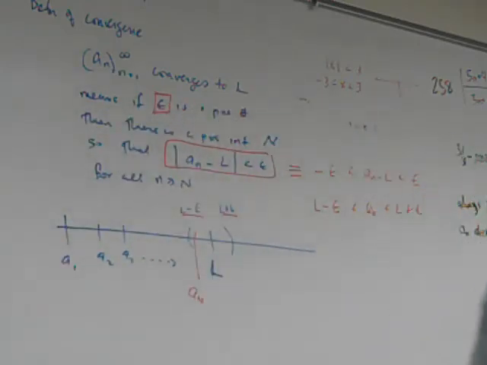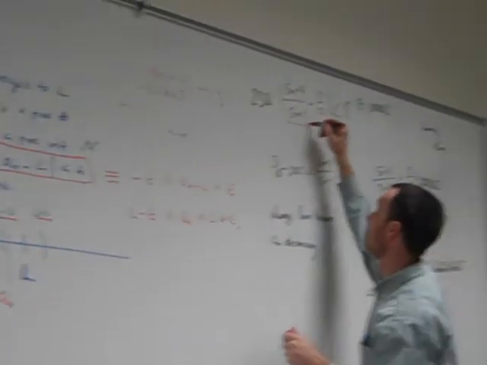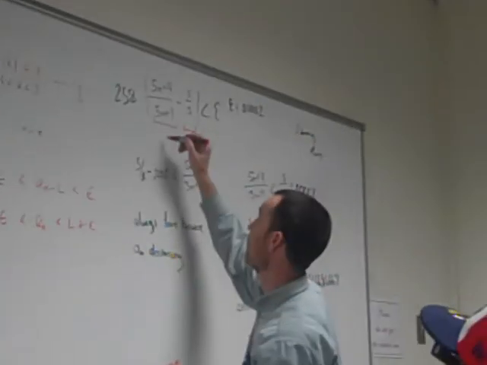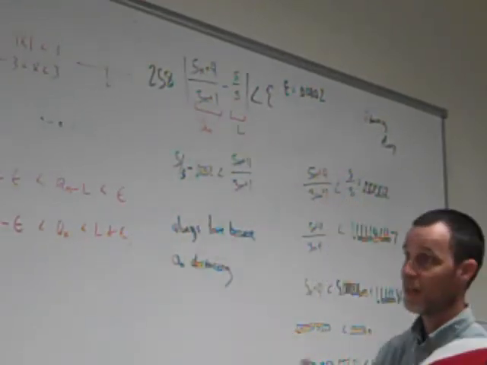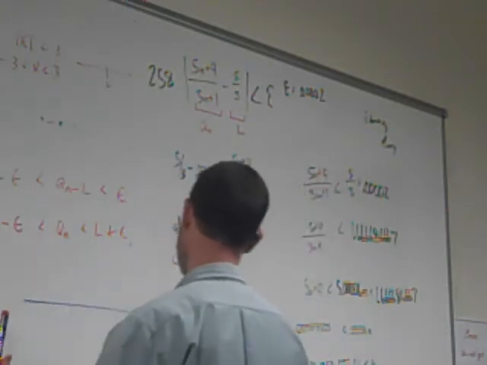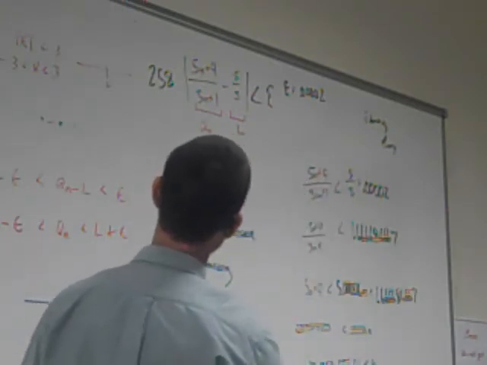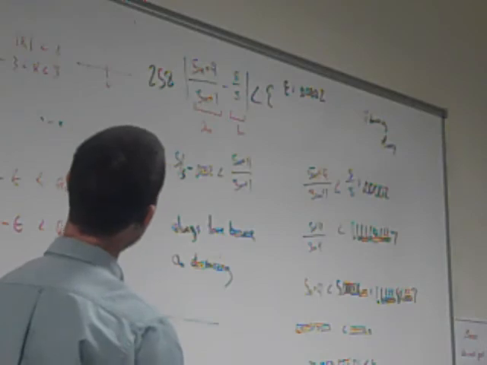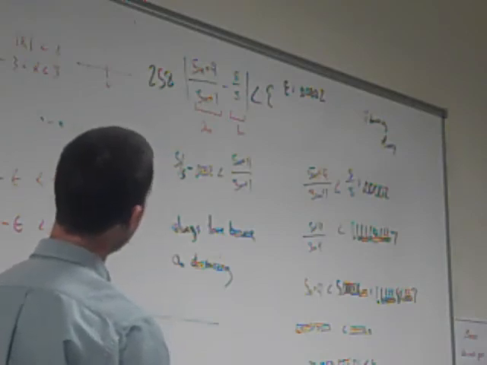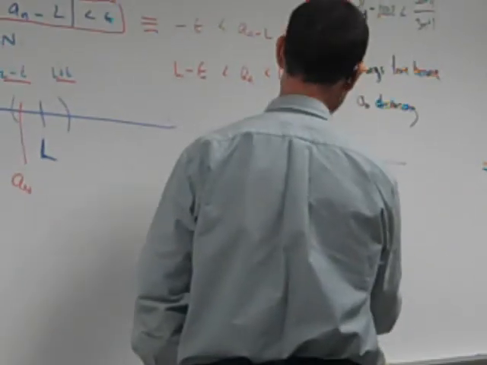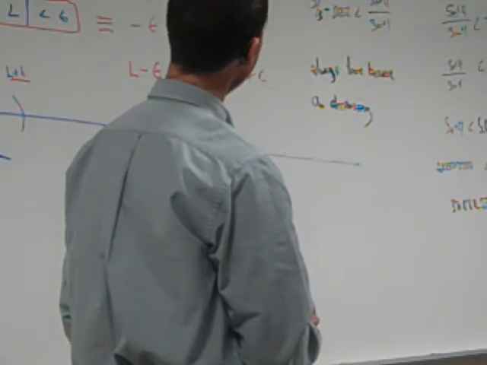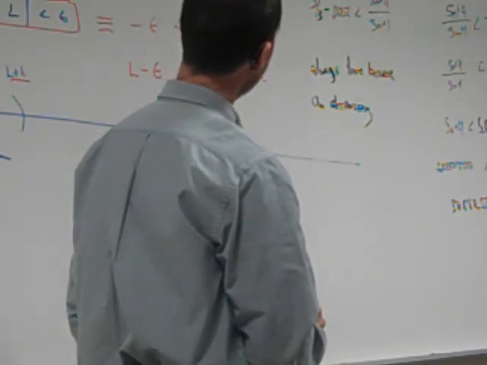Okay, let's look at what he had to do over here. He had to show this sequence converges to this number. So that's my L, and these are my A sub n's. Let's look at them on a number line. What's A1 equal to? 9/4. What's A2? 14/7.